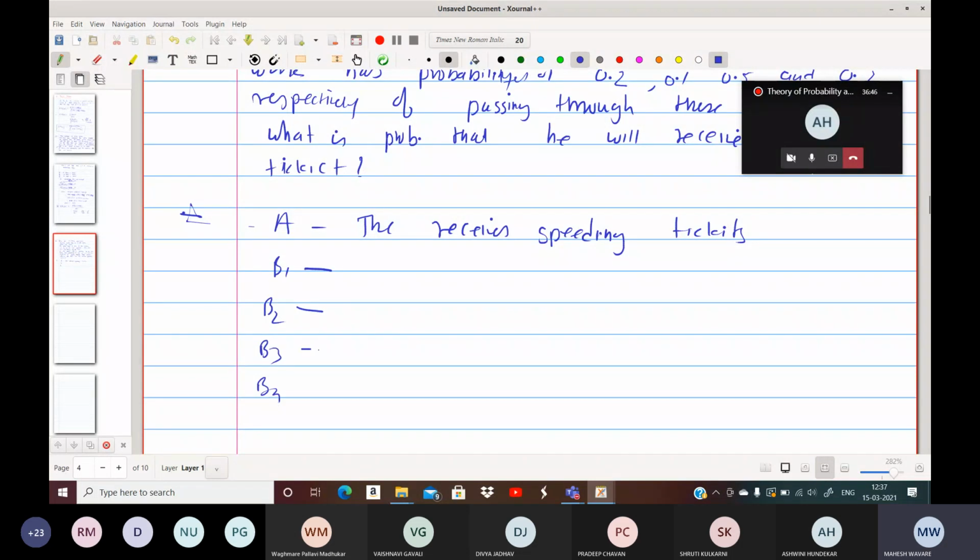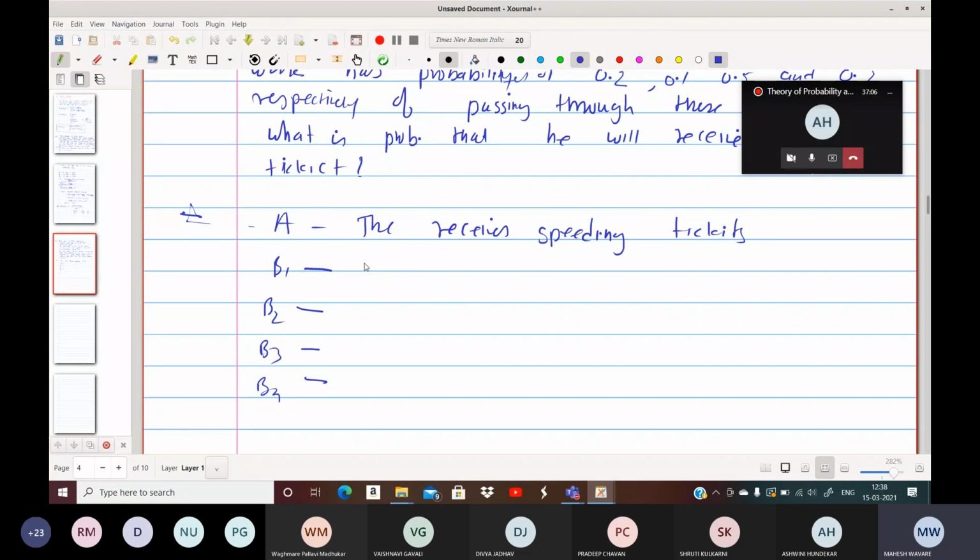So I have read the problem. Police plan to enforce speed limits by using radar traps at 4 different locations within city limits. The radar traps at each location L1, L2, L3, L4 are operated. The radar traps operated at location 1, we can call it B1. The radar traps operated in location 2, you can call it B2, and so on.